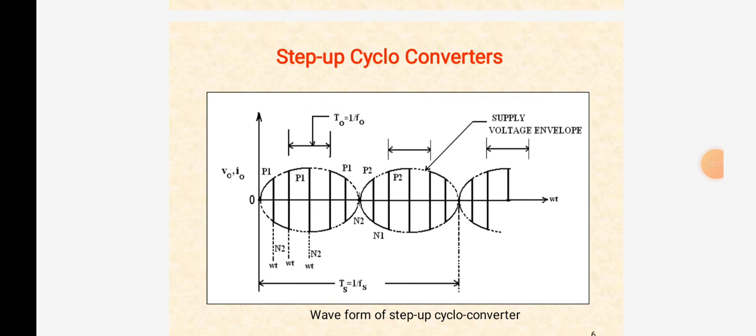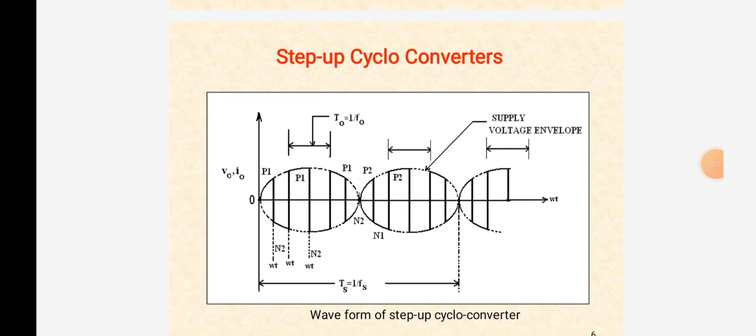At instant omega t2, N2 is force commutated and P1 is turned on, so the load voltage now traces the positive envelope.